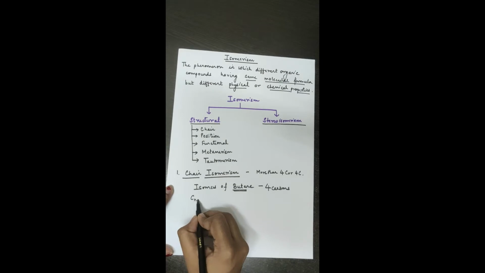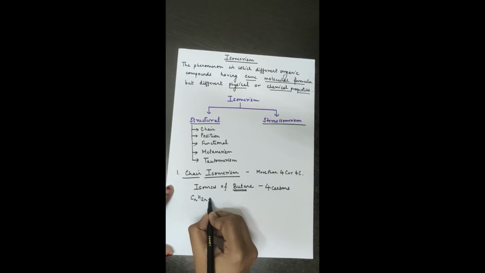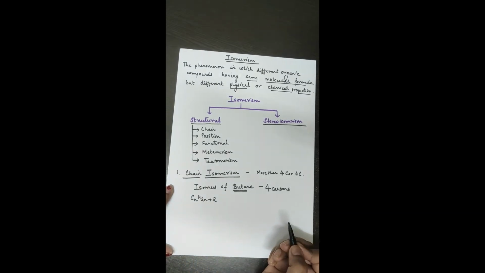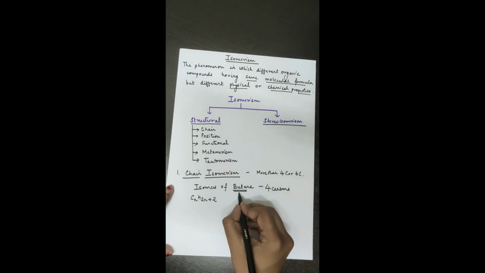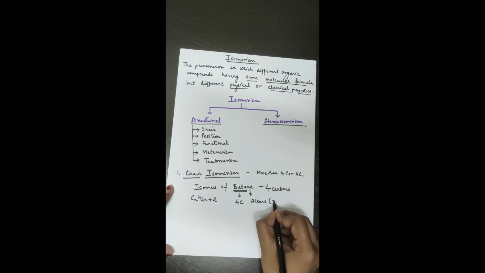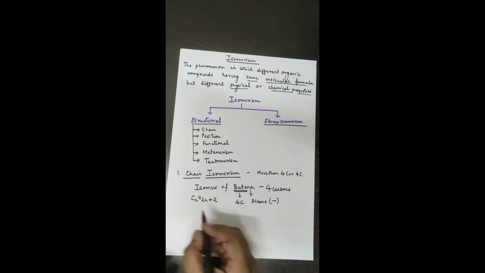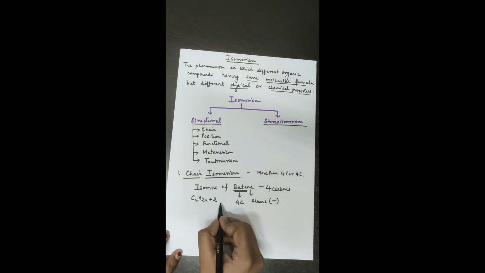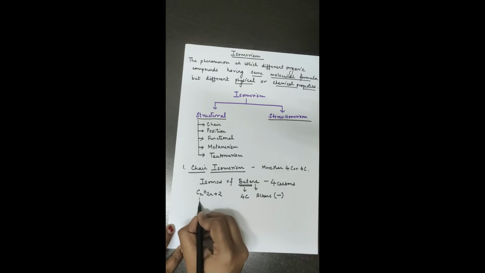We know the general formula for alkane, that is CnH2n+2. Now, why is it an alkane? Because "but" represents 4 carbons, "ane" represents an alkane, which means that all the bonds are single bonds. So CnH2n+2, right?